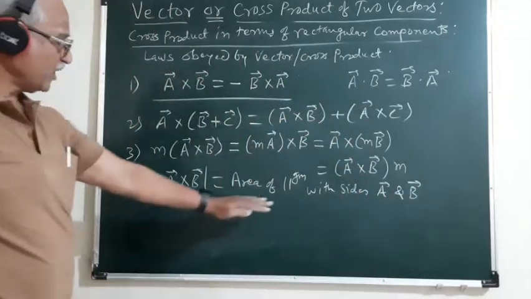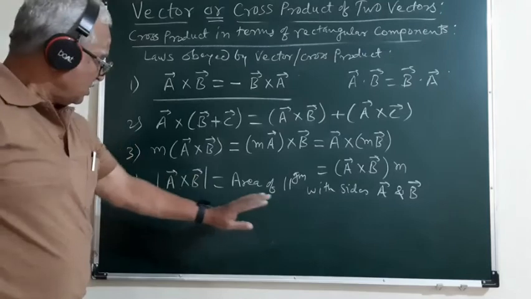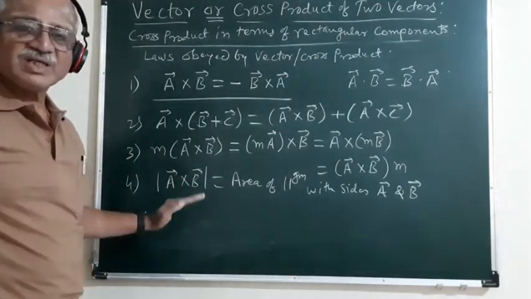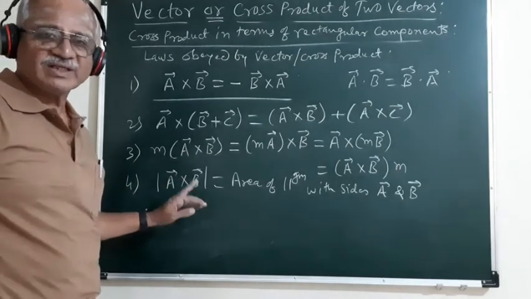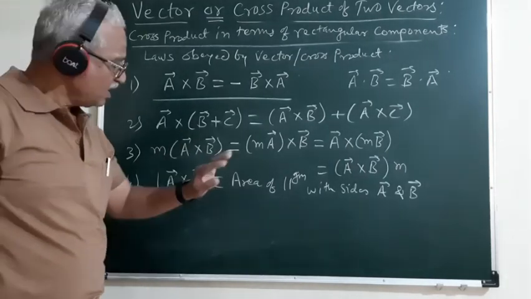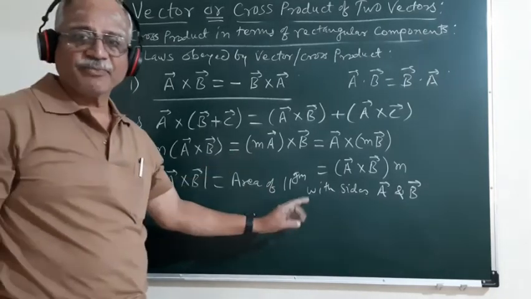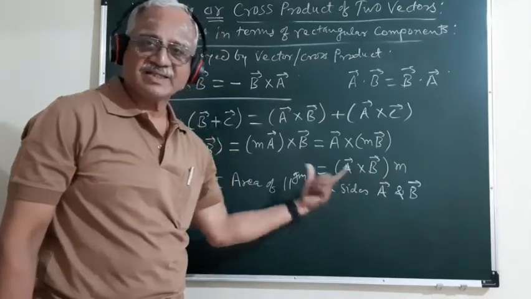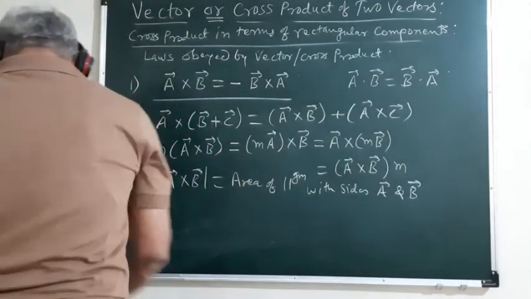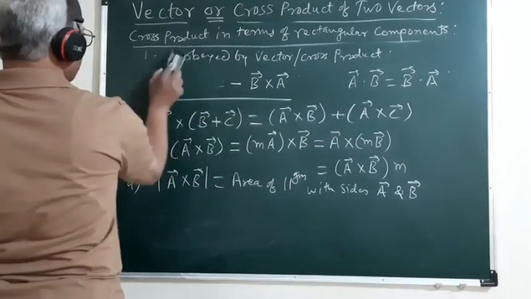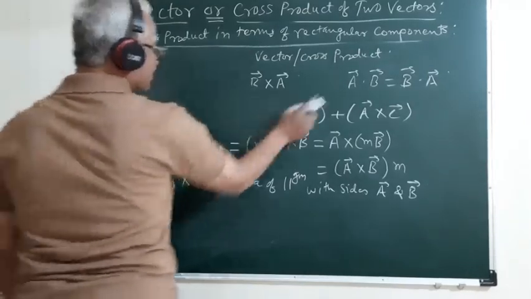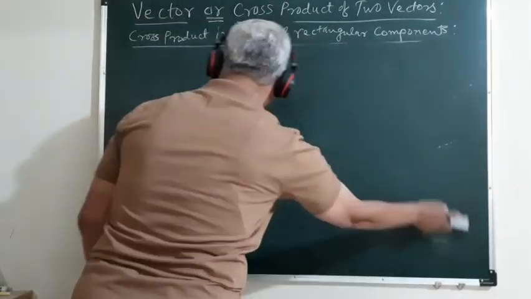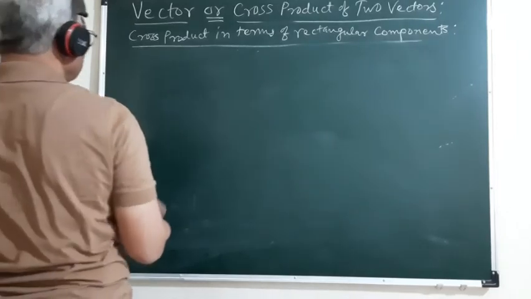If we have the two vectors A bar and B bar, and if we evaluate the magnitude of the cross product of A bar and B bar, this magnitude is found to give us the area of the parallelogram formed by the two vectors as the two adjacent sides. How? Let us see how this magnitude of the cross product of two vectors gives us the area of a parallelogram formed by the two vectors as the two adjacent sides.